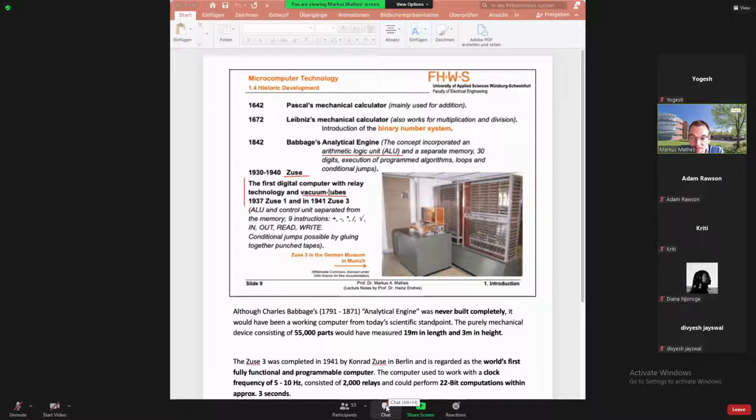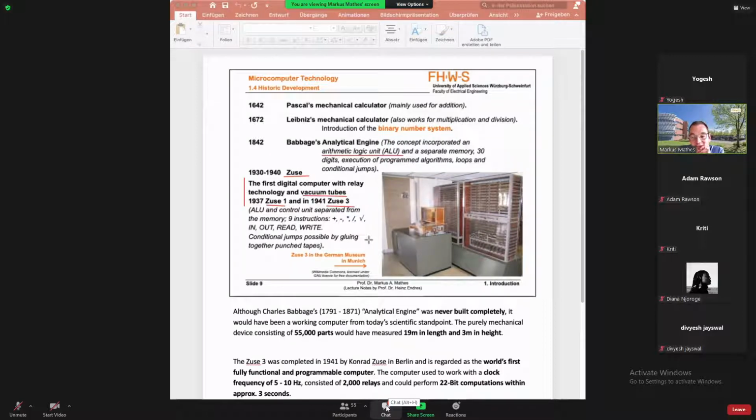But you can see here, as I've told you, that vacuum tubes, due to the fact that they are very fragile, have been replaced by transistors. But Zuse's first digital computer was based on vacuum tubes. He called this machine Z1 and Z3. So he really liked his own name, right?